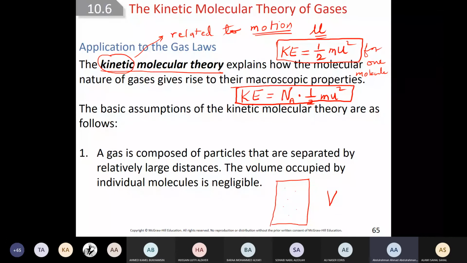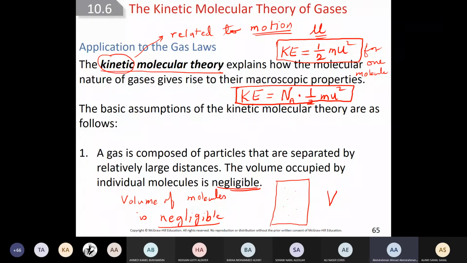We consider in the kinetic theory that the volume of molecules is negligible. What's the meaning of negligible? Not noticed. We don't care about it. It's considered to be zero. So in this container, the volume represents the volume of the container.